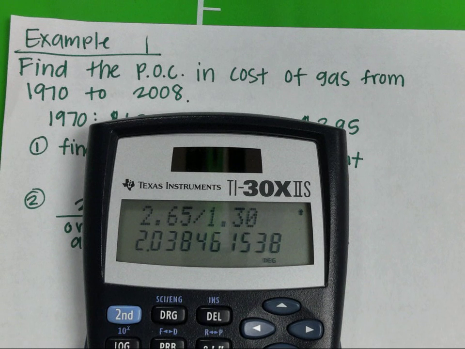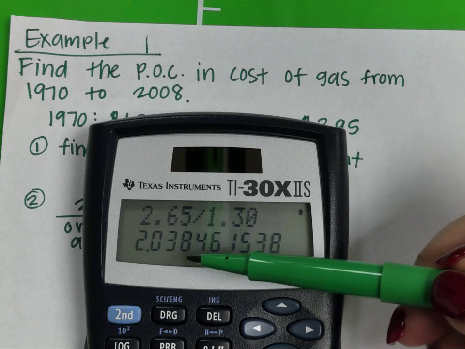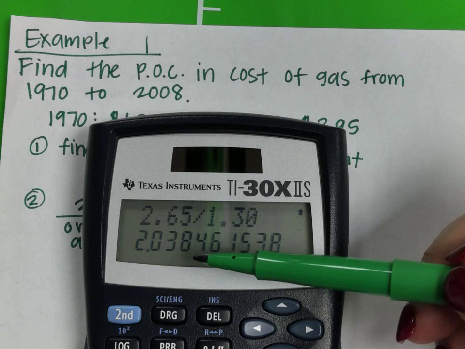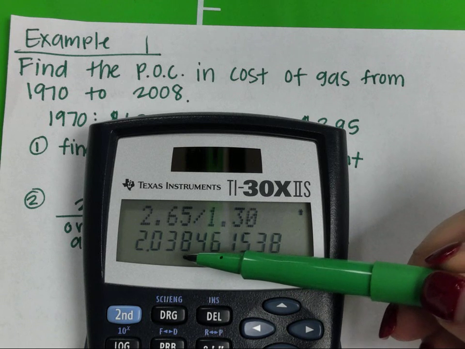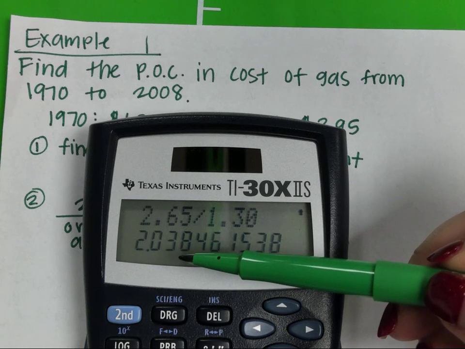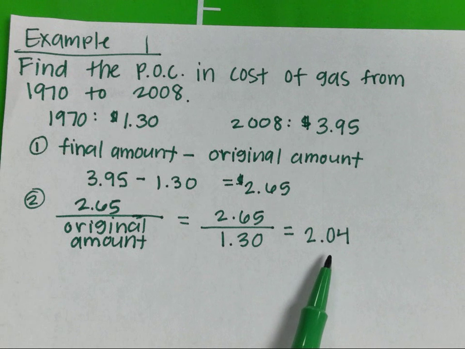But since I'm talking about money, cost of gas, I need to round to the nearest hundredth, so 2 decimal places, okay? So that 8 next to the 3, since it's larger than 5, anything 5 or larger, remember, tells us to bump it up. So I bump that 3 to a 4. If it's 4, 3, 2, or 1, it stays the same, okay? So my percent of change is 2.04.